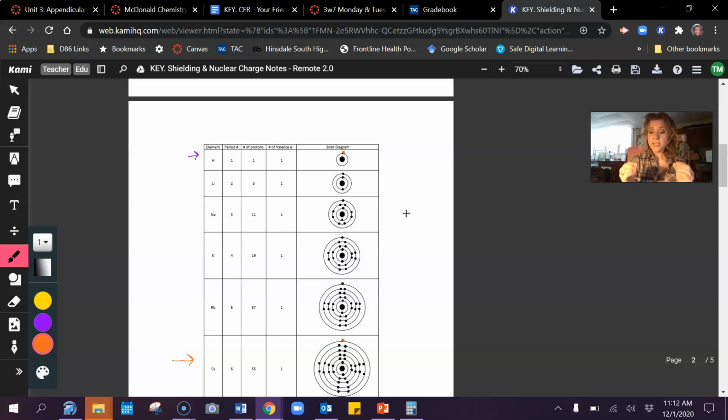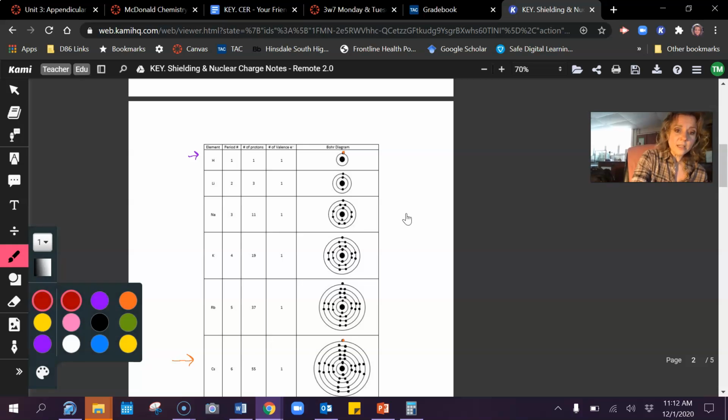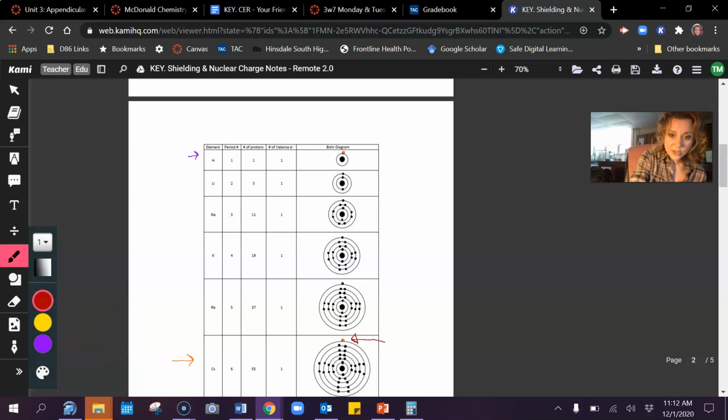So the electron that is further away from the nucleus, the valence electron here in the outermost shell of cesium, is more likely to be lost because it's further away from the nucleus. Now you're probably wondering, well, why does that matter? Well, remember that nuclei have a positive charge and electrons have a negative charge. And so opposites attract, right? So the nucleus is going to attract all of these electrons.